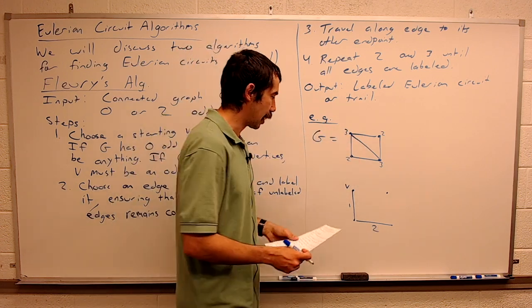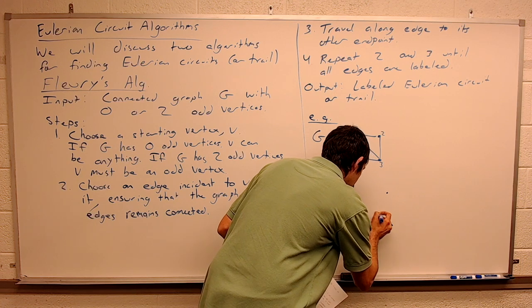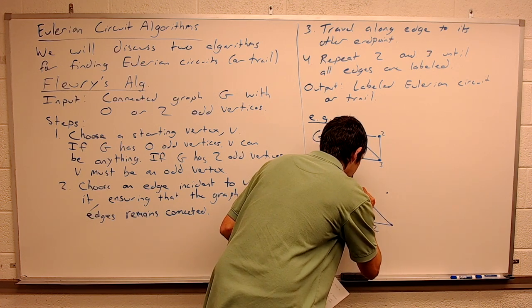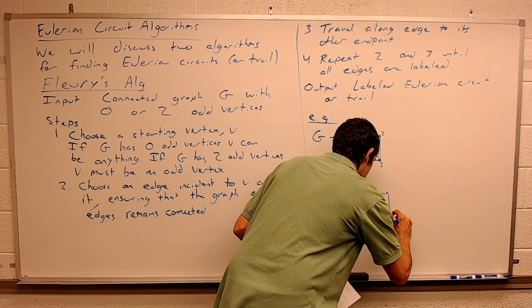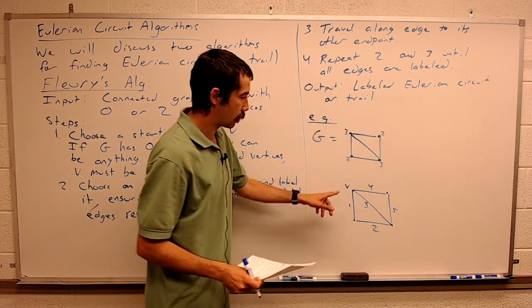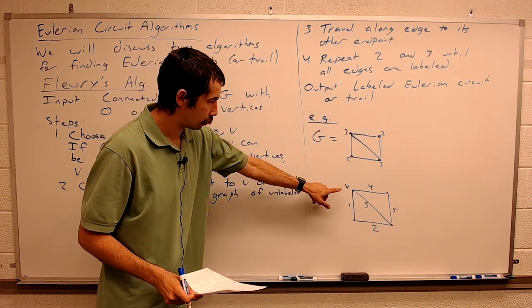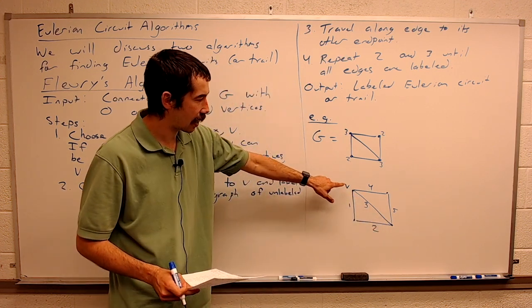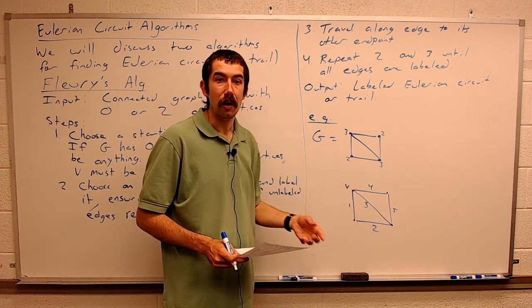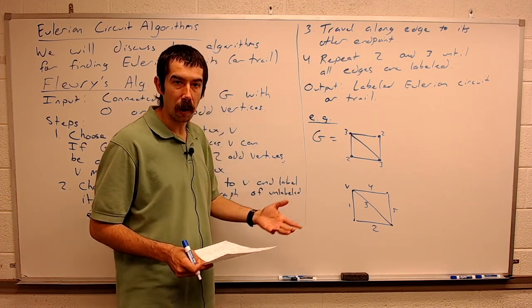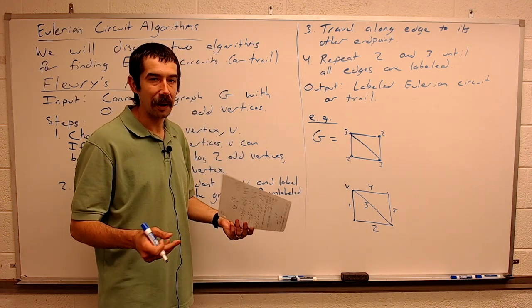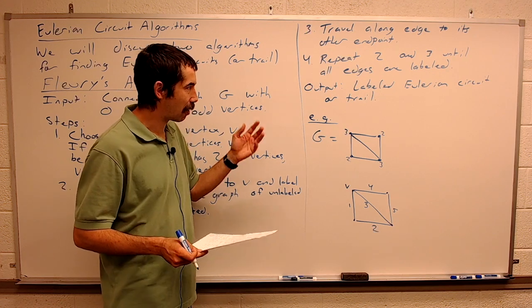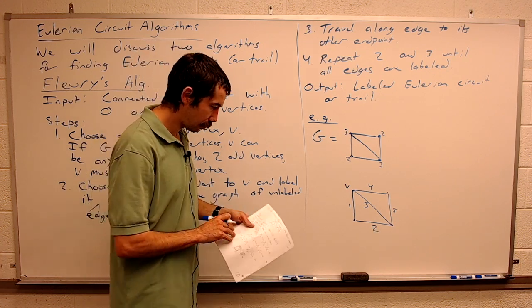So maybe I'll use the diagonal. And then here. And then down. All right, so our Eulerian trail, we'd go down, right, diagonal, right, and down. We cross each edge exactly once, and we didn't duplicate any. So we found our Eulerian trail.